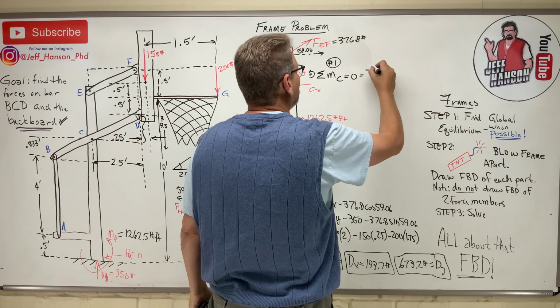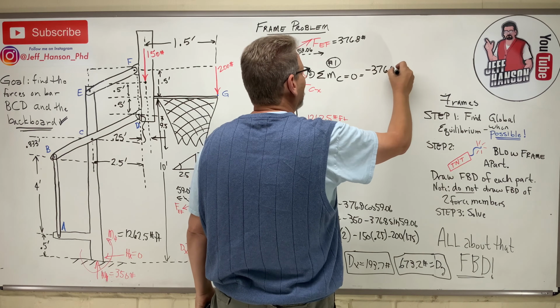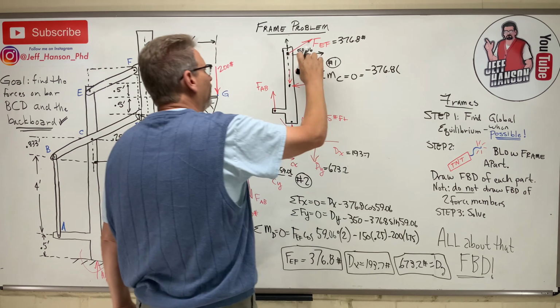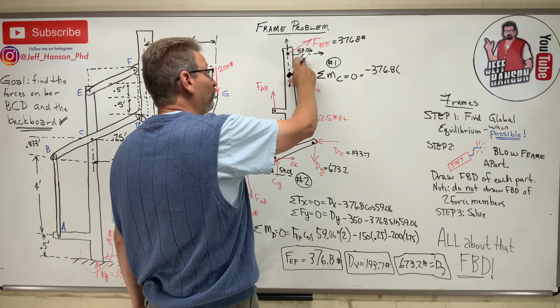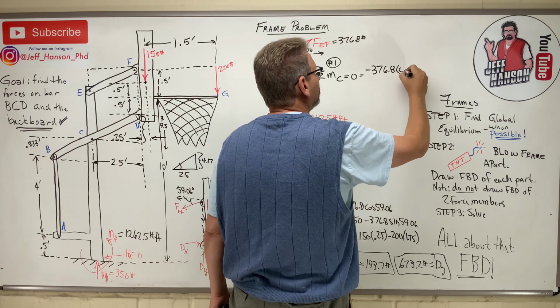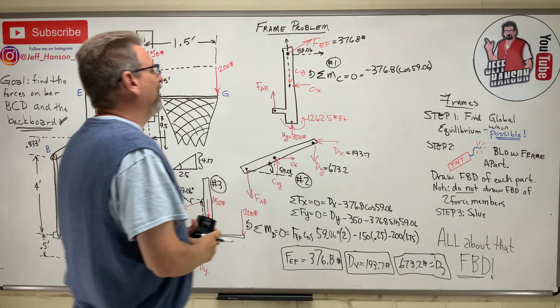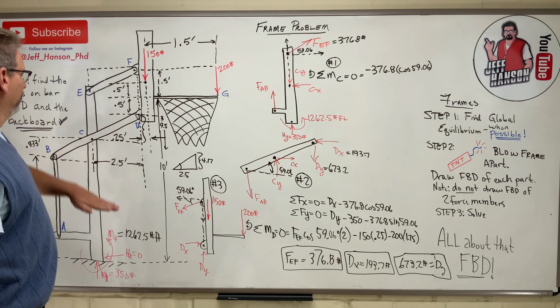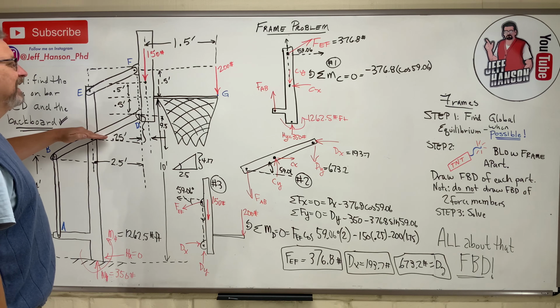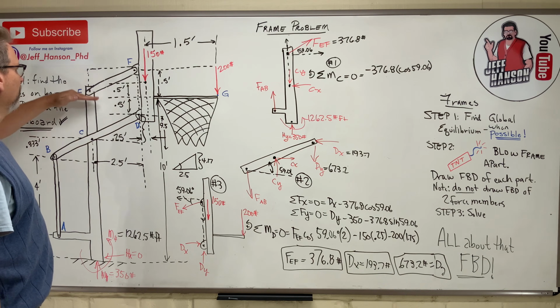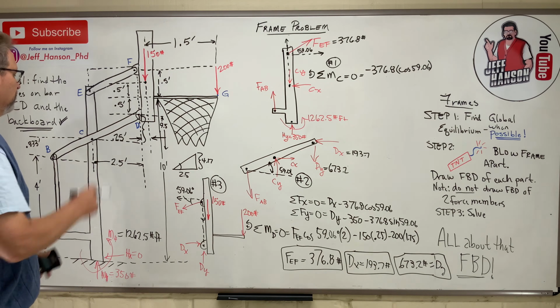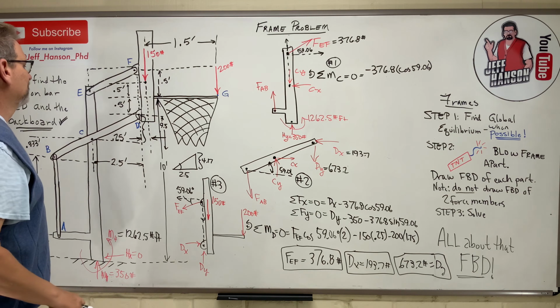So minus 376.8 times cosine of 59.06 times how far away from C, where is C? C up to E. So what's this distance right here? Oy, I don't know what that distance is.